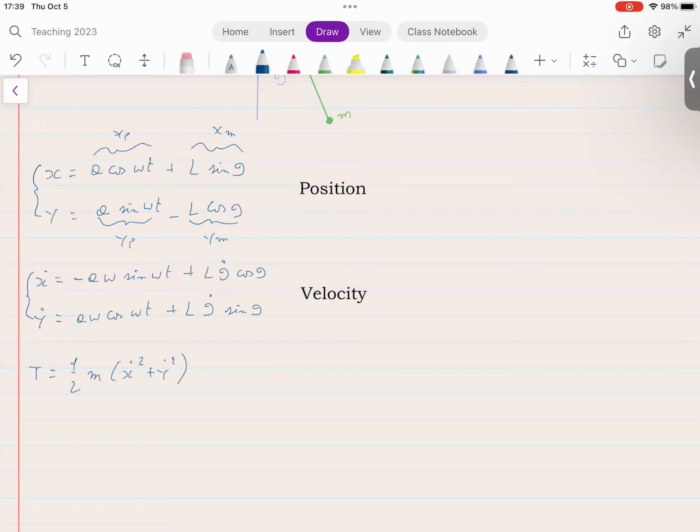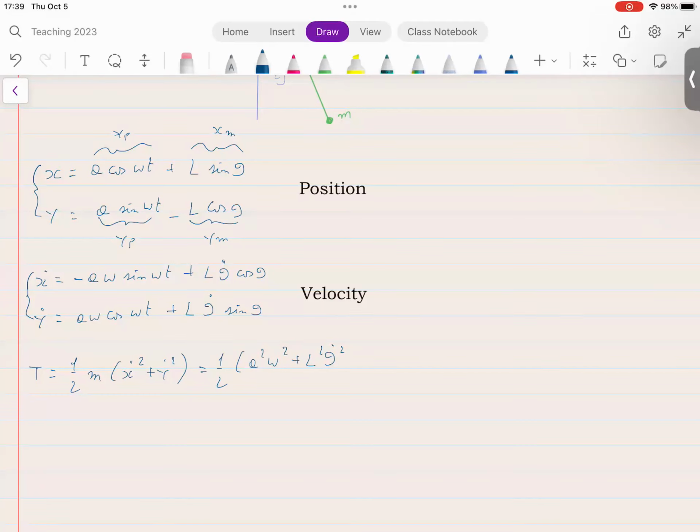From x dot squared, I'm going to have a squared omega squared sine squared of omega t. From y dot, I'm going to have a squared omega squared cosine squared of omega t. So I just take the sum of the two and write it as a squared omega squared. Similarly, I have L squared theta dot squared cosine squared plus L squared theta dot squared sine squared, which is L squared theta dot squared.